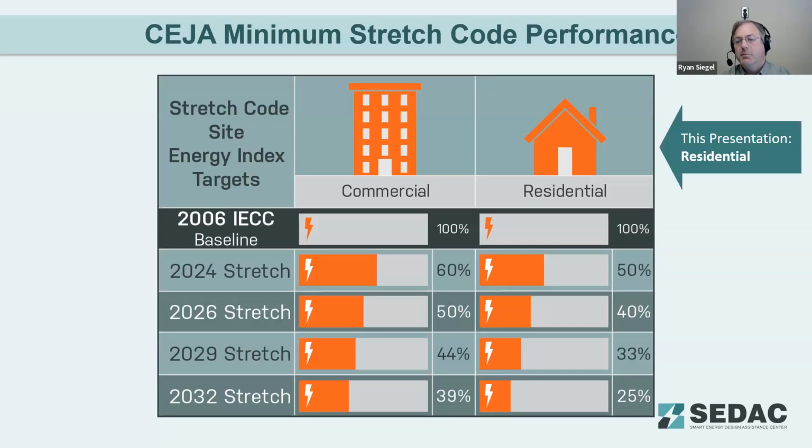If you have clients that may wish to go above and beyond, which they're perfectly able to do, the stretch code allows design professionals to help them reach forward and say, yes, we're going to design to the performance that would be required in 2029 or 2032 compliant buildings. So as we see, it gets progressively more stringent and higher performing over time, but does so in a predictable fashion for you.